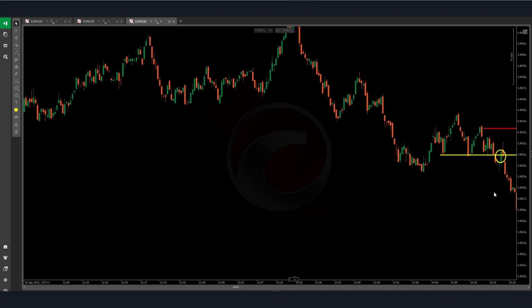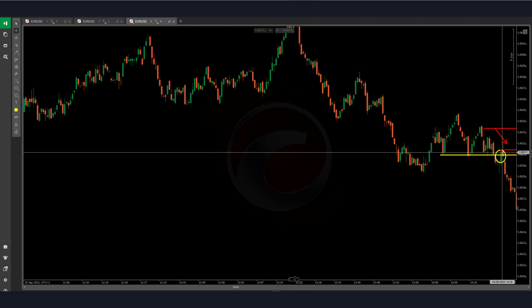When we move down, we move it right above here. In this case, we could even place it at break even, because there's no point risking this 0.7 pips if our entry is exactly over there. This will be already at break even. And let's see, during New York time, this is already 5 pips.